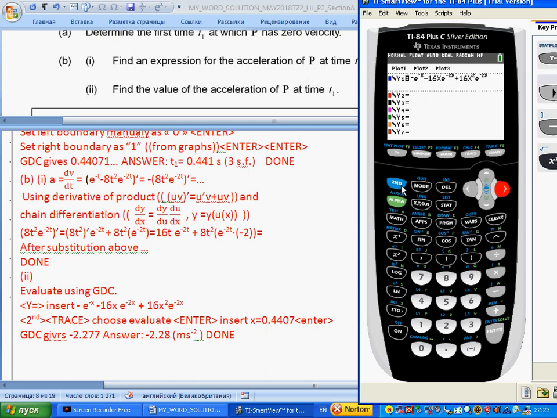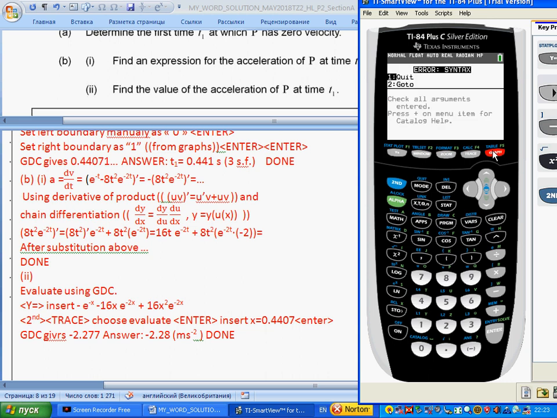We can draw this graph, or we can go straight to calculate value. Oops. Okay, doesn't work. Okay, let's go back. Let's graph.